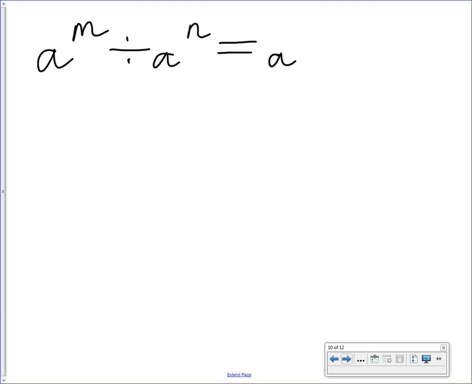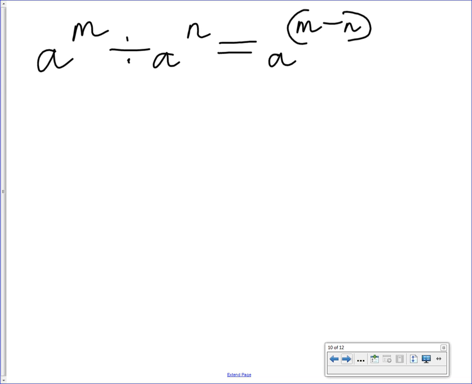Now, as a general rule, this means that a to the power of m divided by a to the power of n equals a to the power of m, the number of a's in the numerator, take away n, the number of a's in the denominator. Now, that's a single power.